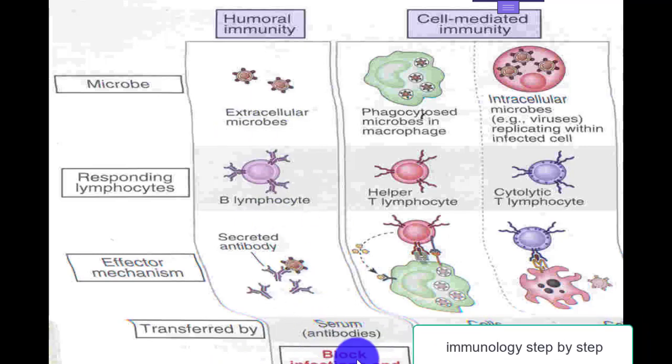In cell-mediated immunity, activated macrophages kill phagocytosed microbes. Cytotoxic T cells and natural killer cells kill virally infected cells or tumor cells.